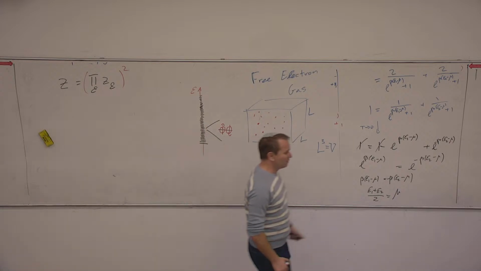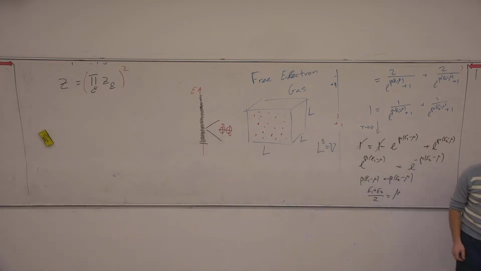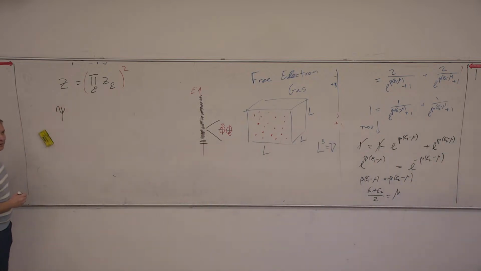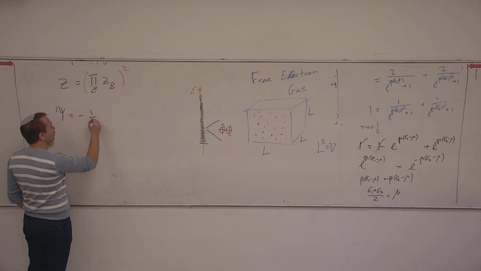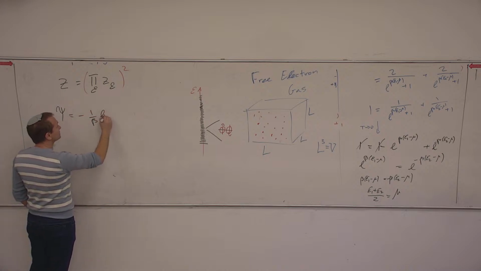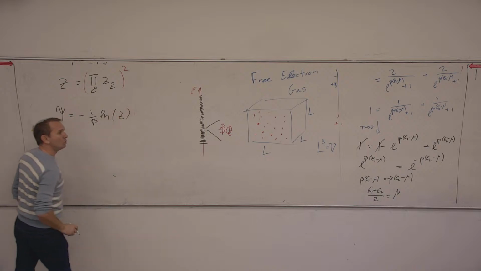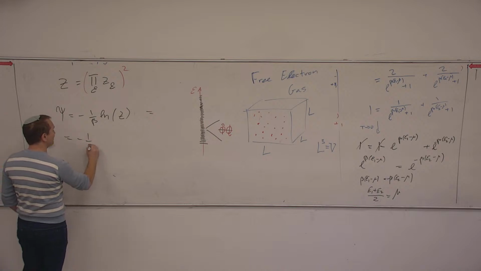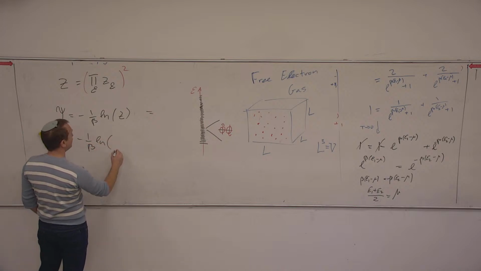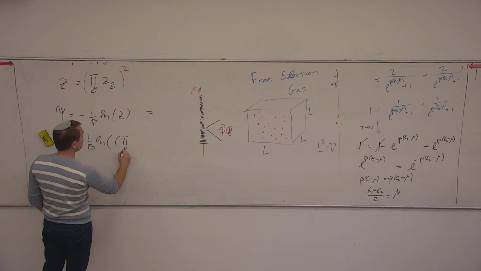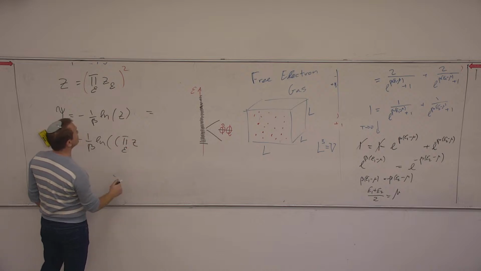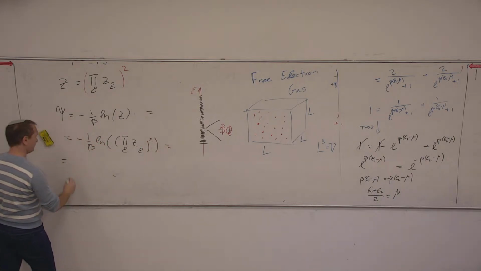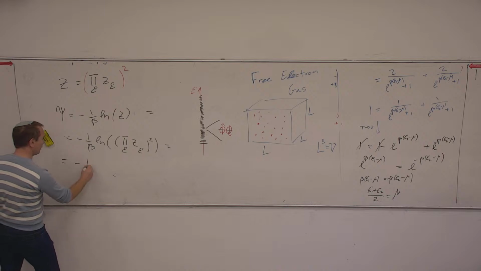So, if we would like to compute something, for example, psi, which is -1 over beta log of z, we know that it is what? -1 over beta log of this multiplication over all the possible epsilons, z epsilon to the power of 2, which is -1 over beta.